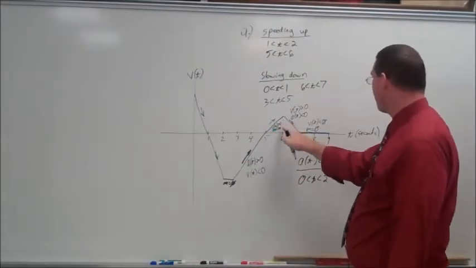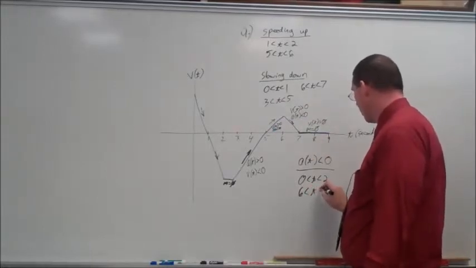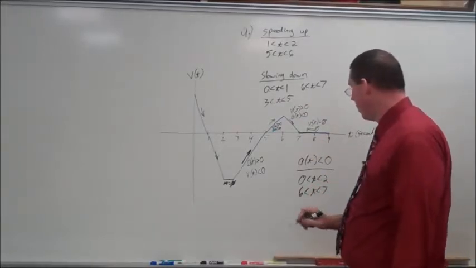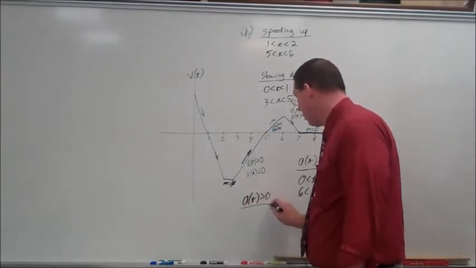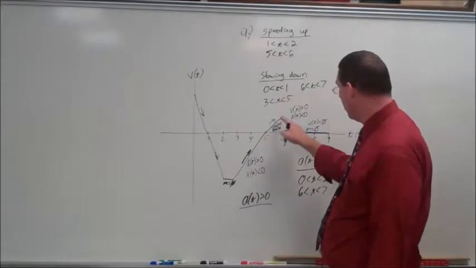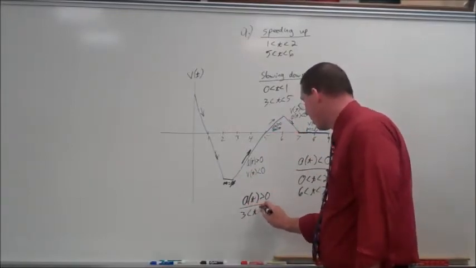And it's negative from 6 to 7, negative slope. Acceleration is positive, a of t is greater than 0, from 3 to 6. It's the only place.